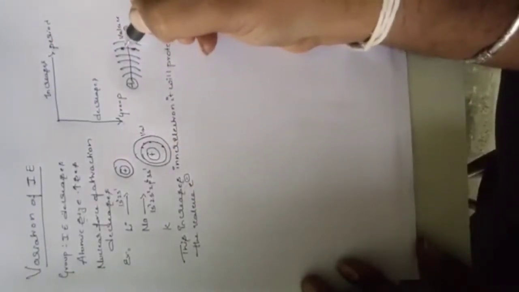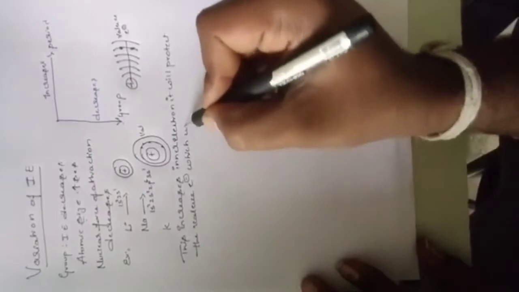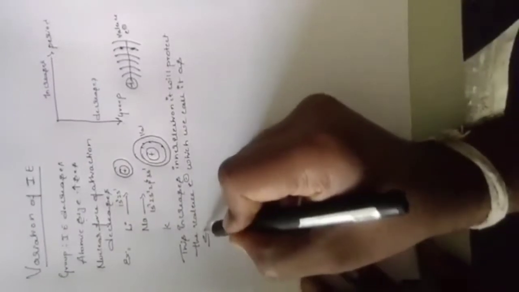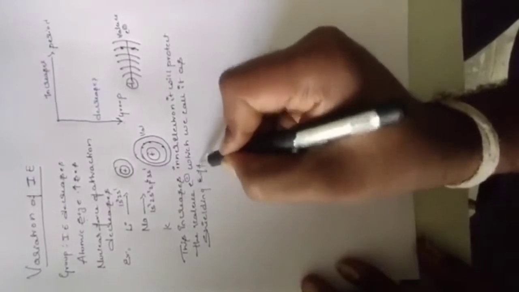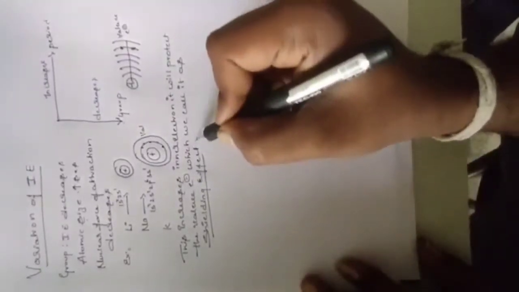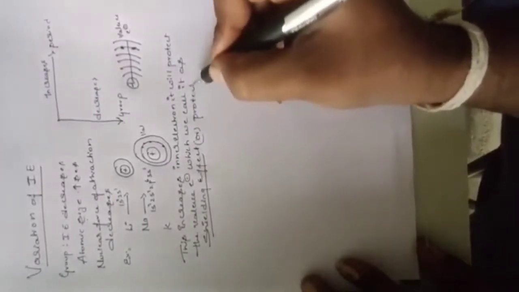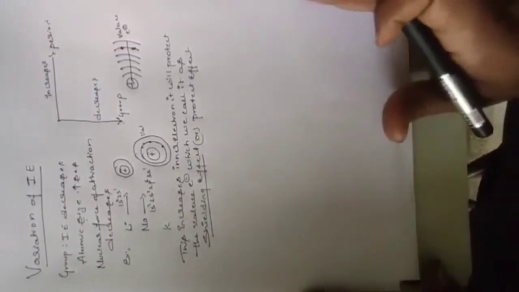For example, these inner electrons will protect the valence electrons, which we call the shielding effect, or also the protective effect. Why do we call it the shielding effect? Because the increasing inner electrons protect the valence electrons. We call it the shielding effect.